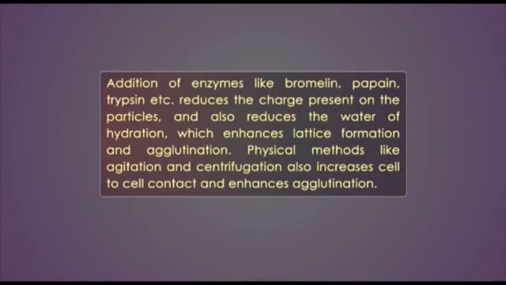Addition of enzymes like bromelain, papain, trypsin, etc. reduces the charge present on the particles and also reduces the water of hydration, which enhances lattice formation and agglutination. Physical methods like agitation and centrifugation also increase cell-to-cell contact and enhance agglutination.